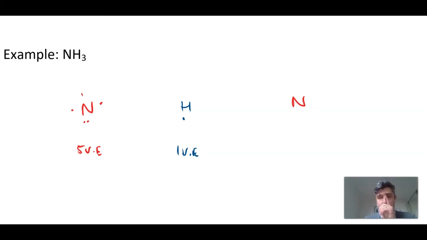This is where you want to bond as many times as possible for the hydrogen. So I've got 3 hydrogens, and I'm going to put all 3 of them around here, and put their electrons in a bond. Then I'm going to count the nitrogen's electrons.